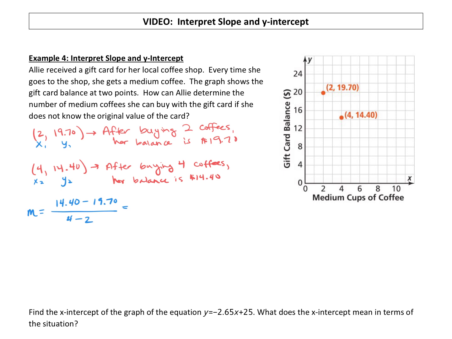So we have 14.4 minus 19.7. That is negative 5.3 over 4 minus 2, which is 2. Now because we are working with decimals and dollar amounts, we will just go ahead and divide this out and we get negative 2.65. So our slope is negative 2.65.